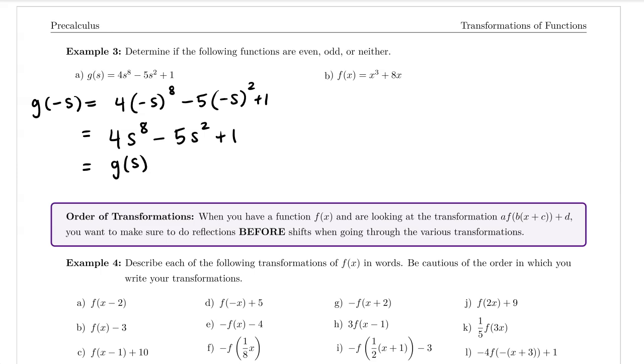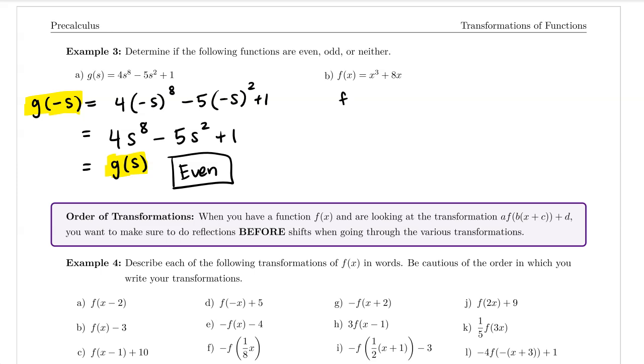So what we've ultimately been able to show is that g of -s is equal to g of s. So what that means is if we were to plug in a negative value, say -4 or +4, they would both provide the same output value. This means that the graph is symmetric about the y-axis, and this tells us that we have an even function.